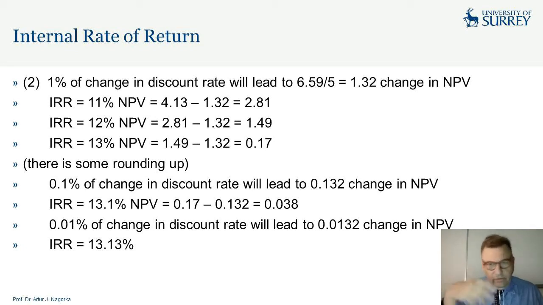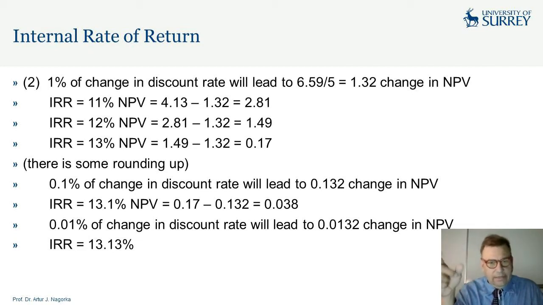Okay, so still we have to do another step, because now we do it at 12%. When we arrived at 2.81 for 11%, now we take it as a basis and subtract 1.32, which leads us to the new net present value at 12%, which is 1.49. It is still positive.